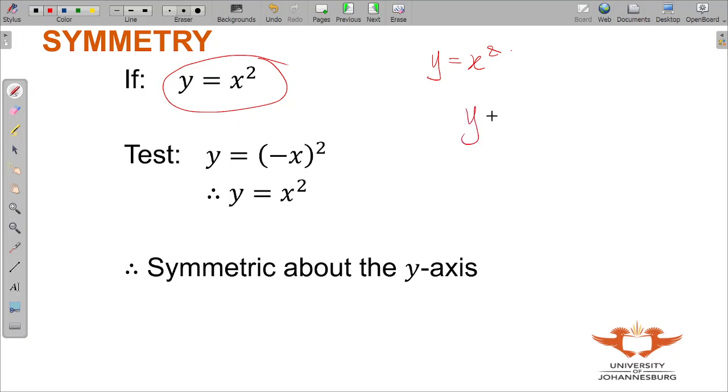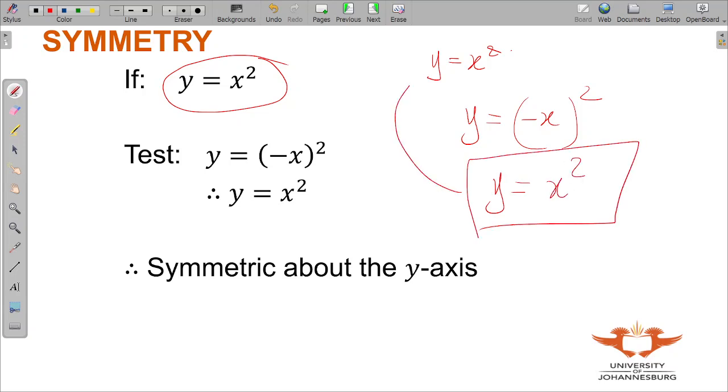If I replace x with negative x, I perform the same operation that is in the original equation, and I'm going to be having x squared, the same equation. So you see, this is the same equation as was given to me. That shows that this equation is symmetric about the y-axis.